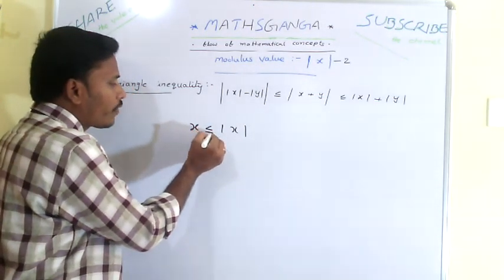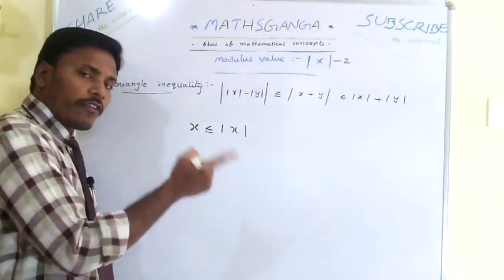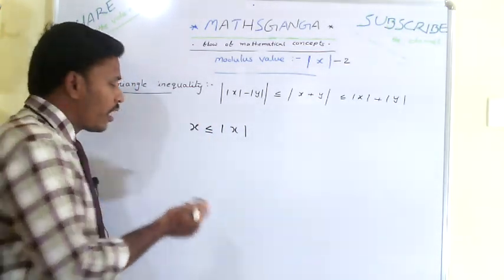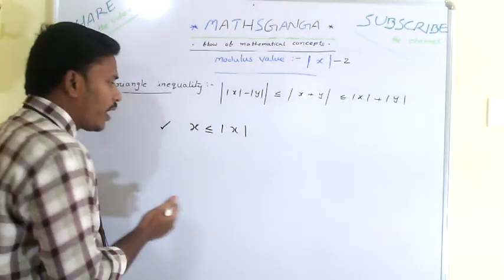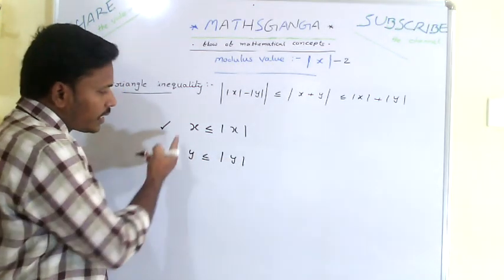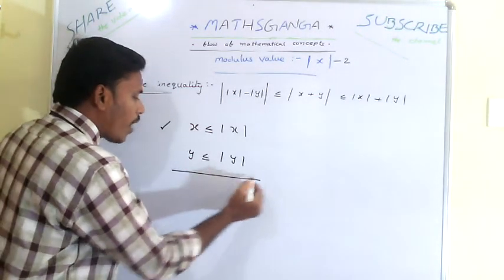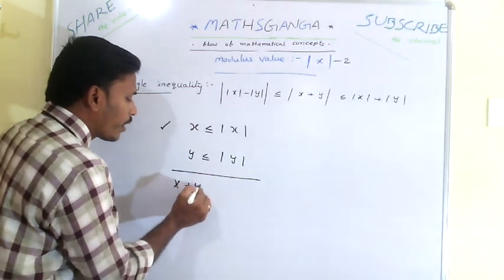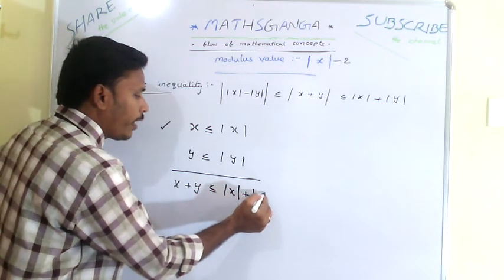So x is less than or equal to mod x, whether x is positive or negative. In both cases, we have x less than or equal to mod x. In the same way, we have y less than or equal to mod y. Since x is less than or equal to mod x and y is less than or equal to mod y, if you add these two, you get x plus y is less than or equal to mod x plus mod y.